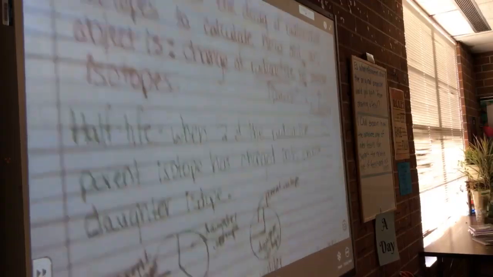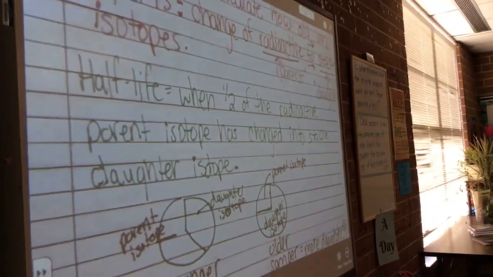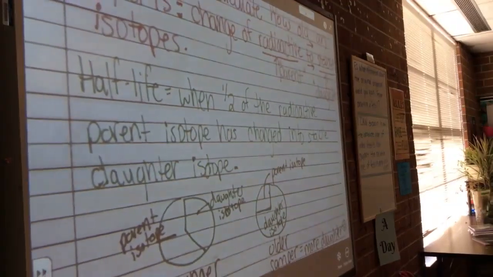Half-life was one of our vocabulary words as well. Half-life is the point in time in which half of the sample's radioactivity is gone. It's changed from parent isotope to daughter isotope. And that number depends on which radioactive isotope there is.